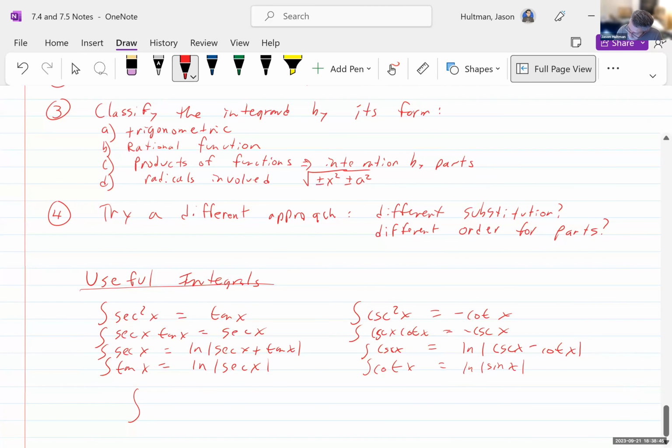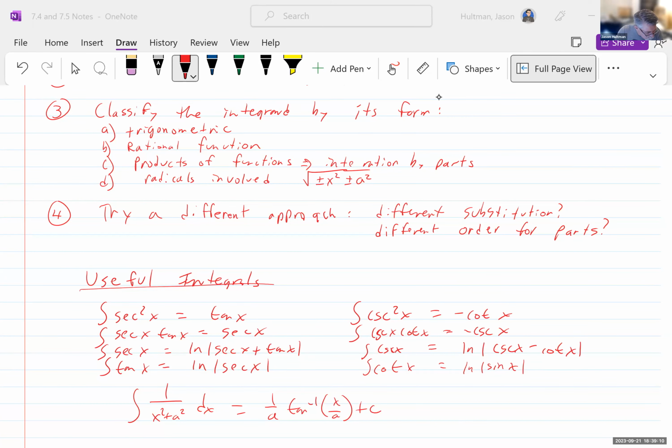No? Yeah, exactly. Always plus. Okay. And so, the integral of 1 over x squared plus a squared dx. What was this? This was 1 over a inverse tangent of x over a plus c.